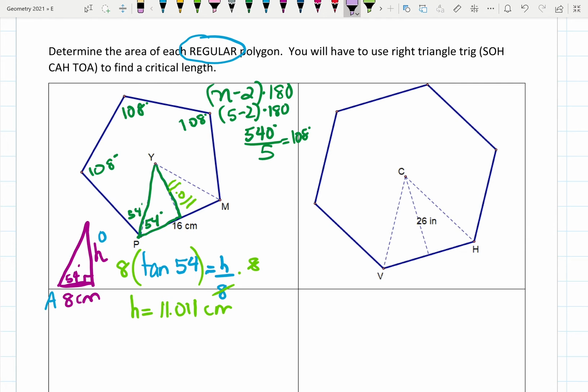Now I can find the area of this triangle. I have the base, I have the height, I can get the area by doing 1/2 base times height. So for the area of the isosceles triangle, 1/2 times base times height gives me an area of 88.088, I believe.